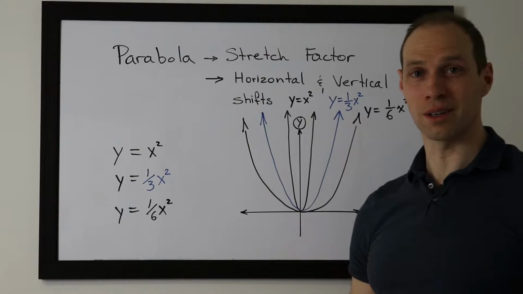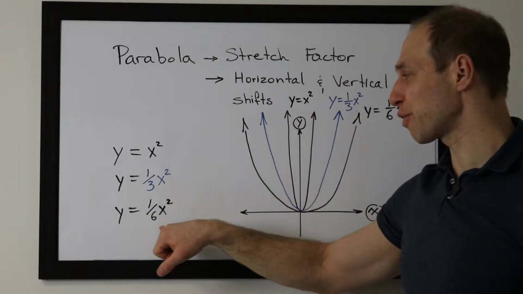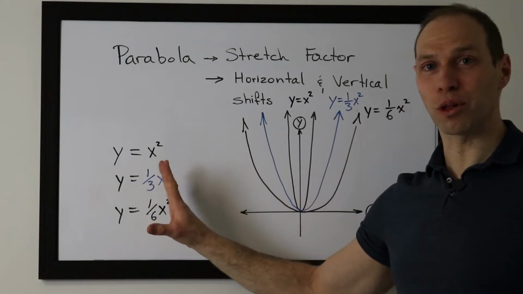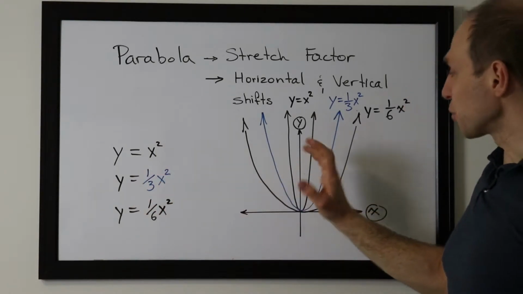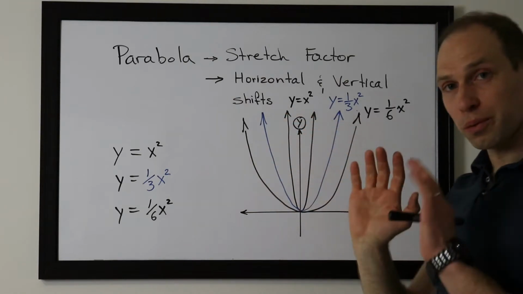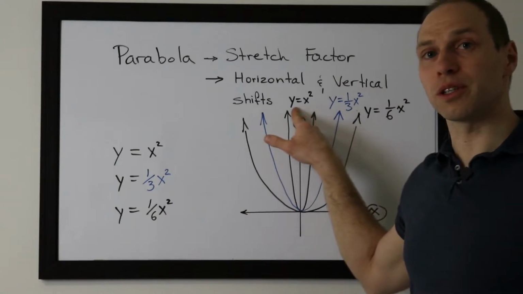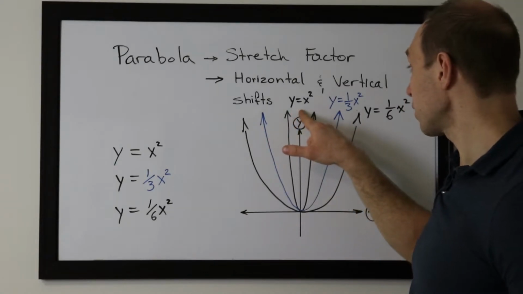Okay, when you weren't looking, I actually decided to change up the numbers a little bit. Now we have our fractions instead of whole numbers. So in this case, x squared is actually represented here in the middle. So going by what the original equation is, let's say it's y equals x squared.